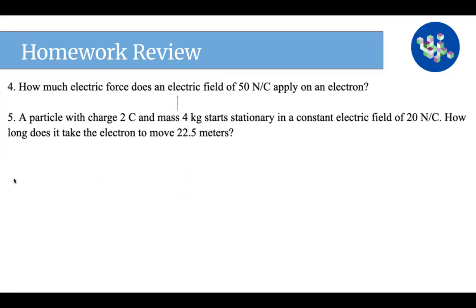If I have a charge Q over here, then there's an electric field, and this is the direction of the electric field at point Q. Remember that the force on a charge will be equal to the charge times the electric field at that point.